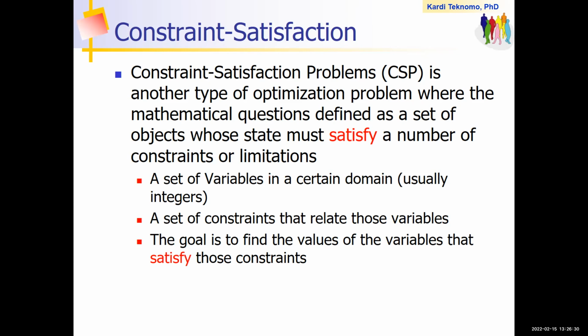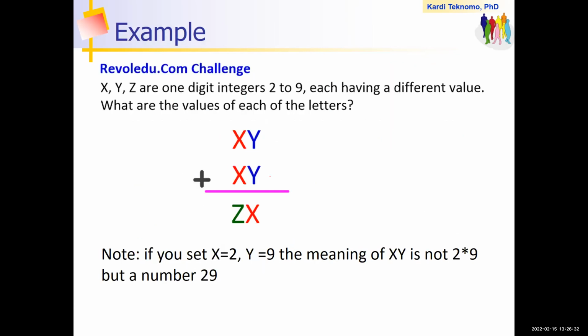So let's take an example here. This is just a game, a puzzle. Say you have xy plus xy equal to zx. x, y, and z are one-digit integers.